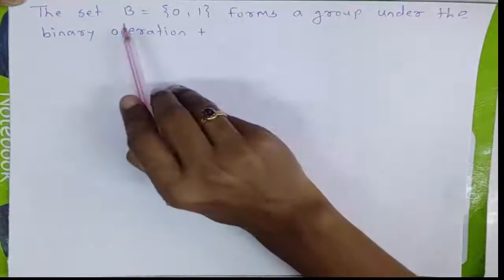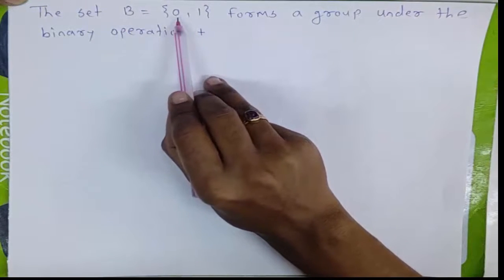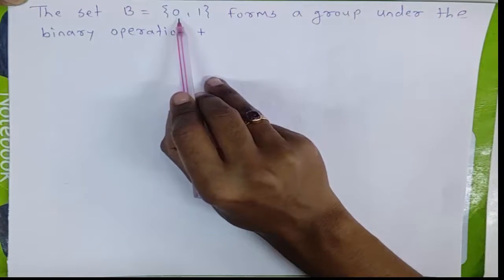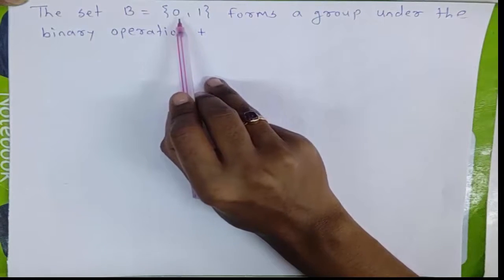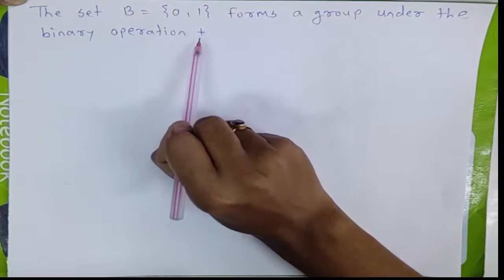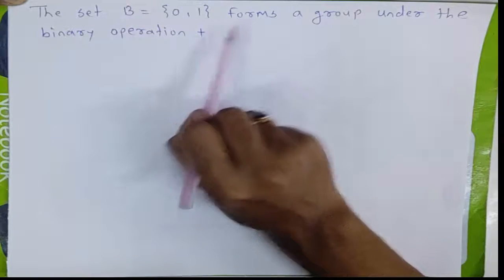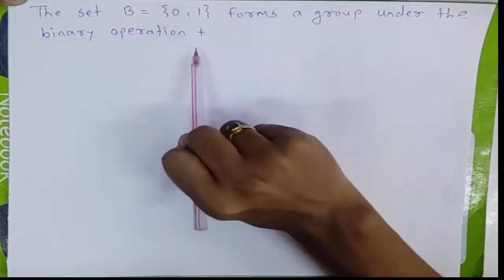Observe this set, that is the set of integers modulo 2, Z2. Z2 with respect to the binary operation addition modulo 2 forms a group.